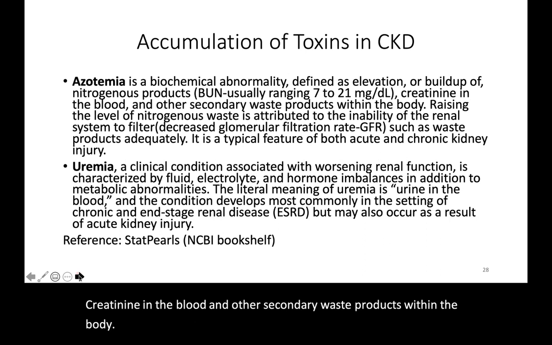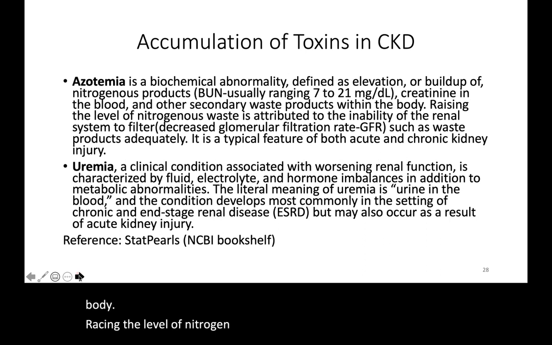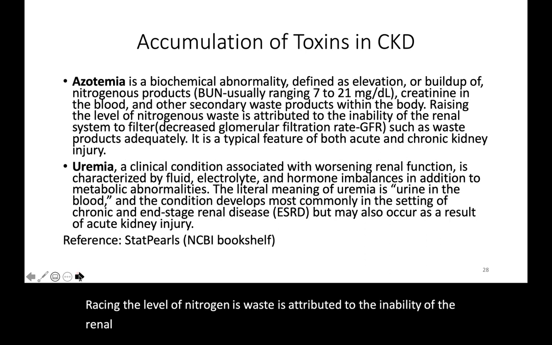Raising the level of nitrogenous waste is attributed to the inability of the renal system to filter such waste products adequately. It is a typical feature of both acute and chronic kidney injury.